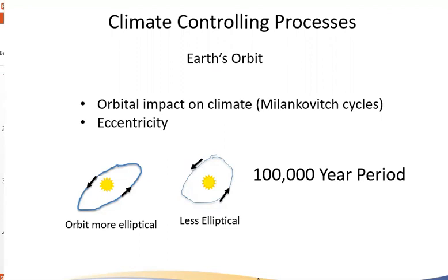Obviously, that has an impact on Earth's climate and its glacial regimes. At present, the orbital eccentricity is nearly at the minimum of its cycle. We are about as circular as we're ever going to get, and we're just starting to move towards maximum eccentricity, which we should arrive at in about 50,000 years or so.